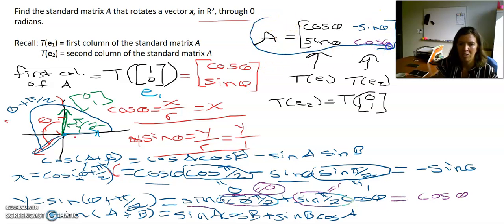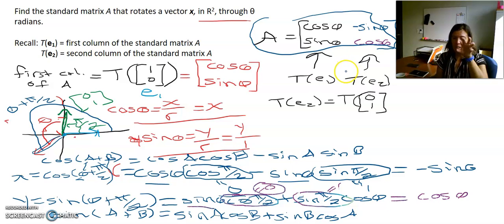So when you want to generate a matrix that rotates vectors in R2 through any particular angle, because rotation is a common operation, I mean, if you just picture image processing, if you want to rotate an image any particular number of degrees or radians, you can apply this formula here. We don't want to do this specifically for one specific rotation.